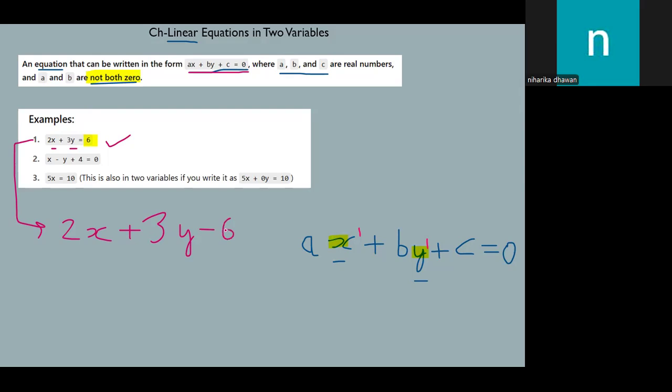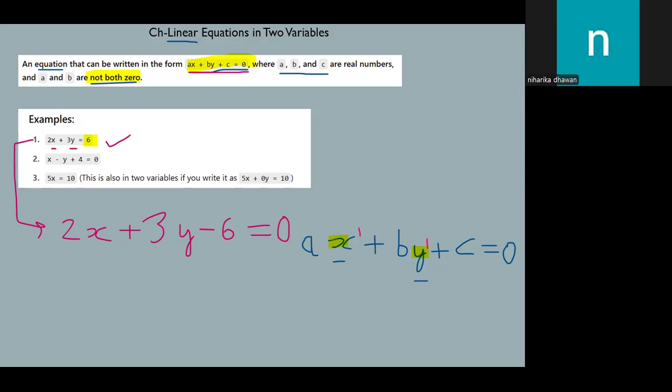Minus 6 equal to 0. So we get an equation of the form 2x plus 3y minus 6 equal to 0, which is of the form ax plus by plus c equal to 0. It means we can convert any such equation into a linear equation in two variables.